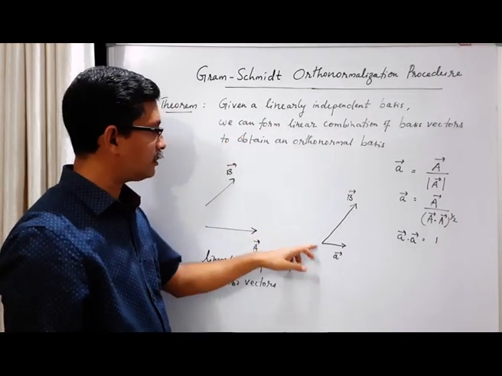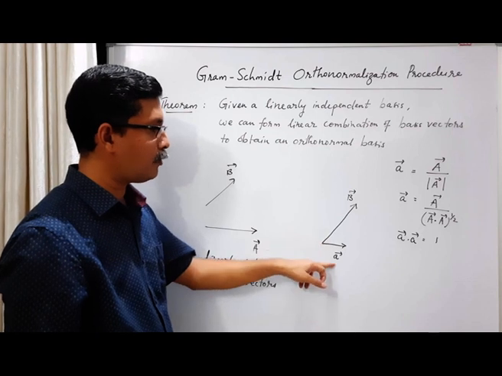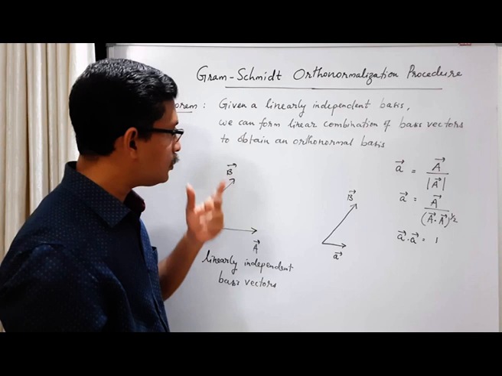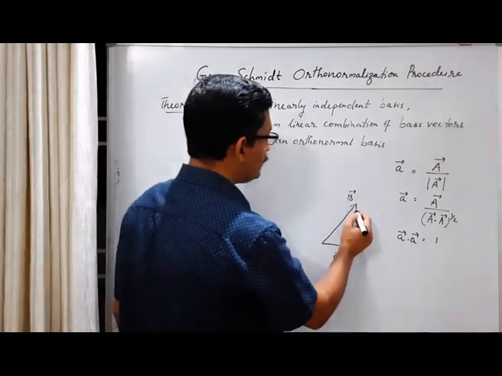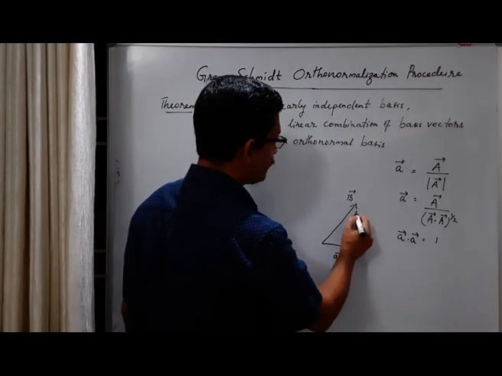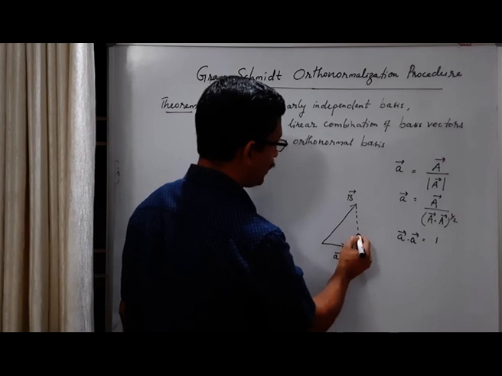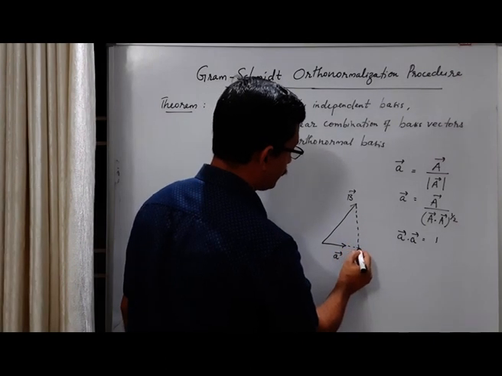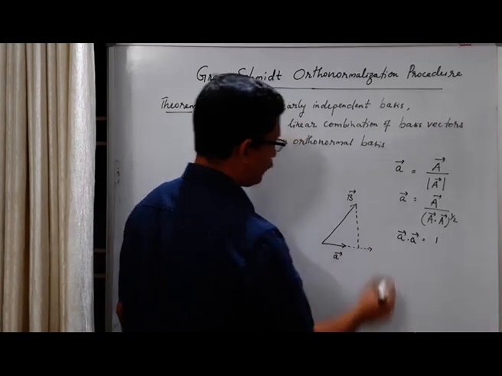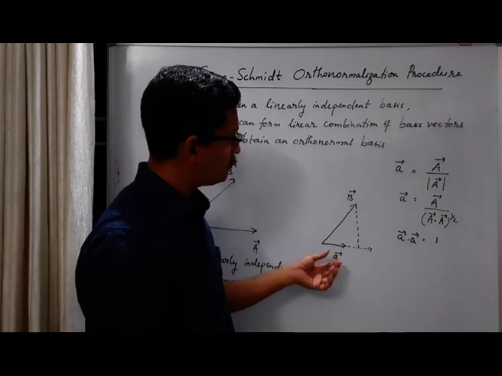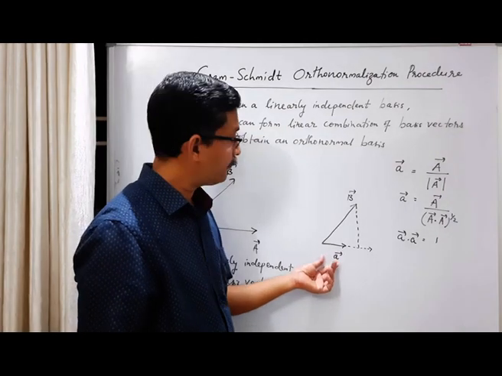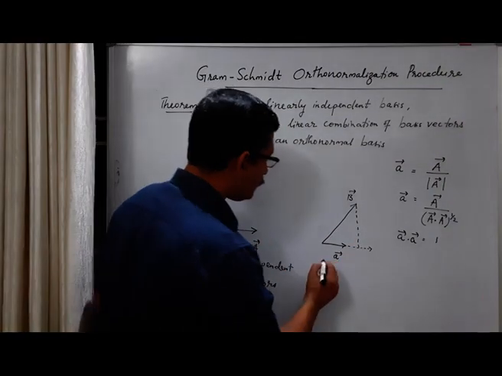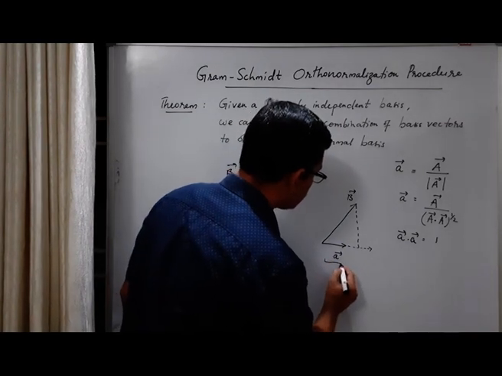I have just shifted the origin so that the origin of small a and this vector B coincide. Now what I do is take the projection of this vector B along the direction of small vector a. This is the direction of vector A. We can take the projection of B along this direction. So what is this part?